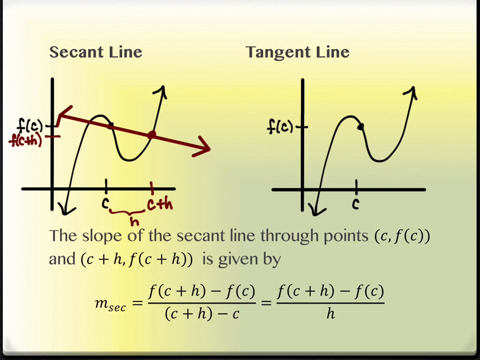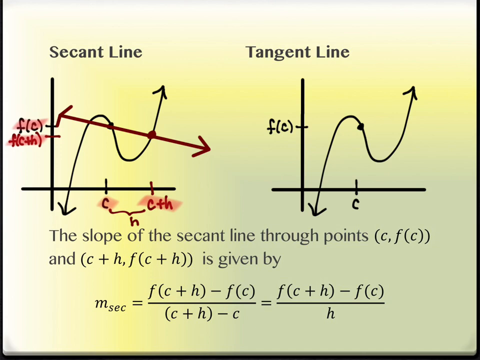So if you look at the bottom part right here, this tells you how we find the slope of this particular situation. It's always the change in the y values over the change in the x values. The 2 y values are the ones that are written to the side, f of c plus h and f of c, so they're subtracted in the numerator. And then the 2 x values that correspond are c and c plus h, and they're subtracted in the denominator.